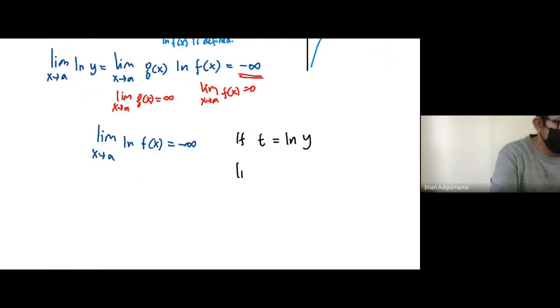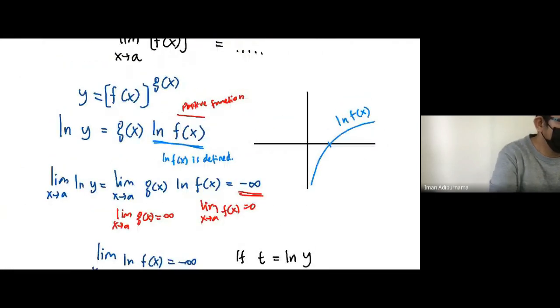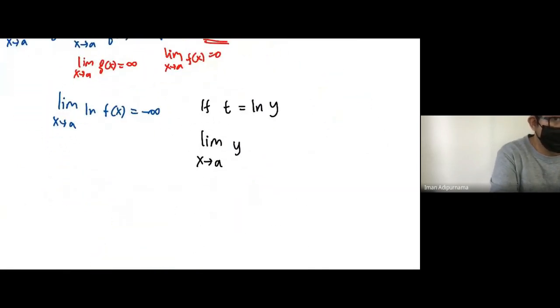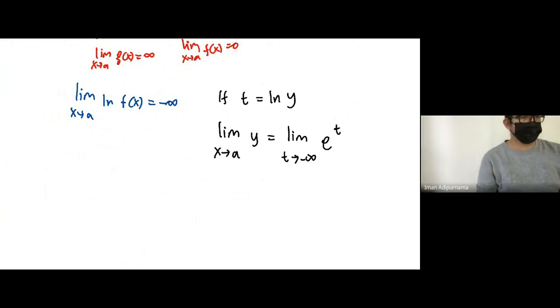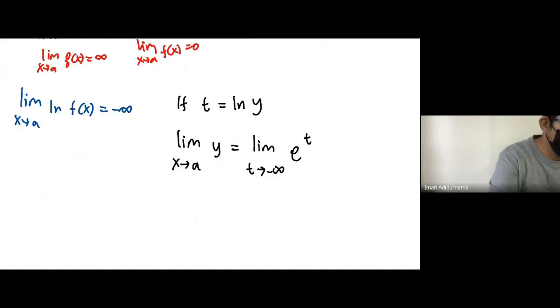We can say that the limit as x approaching a of y, then we take back the very first equation. This will result in the limit as t approaching negative infinity of e to the power of t. Or if you want to go slowly, you can see from here that it is e to the ln y.